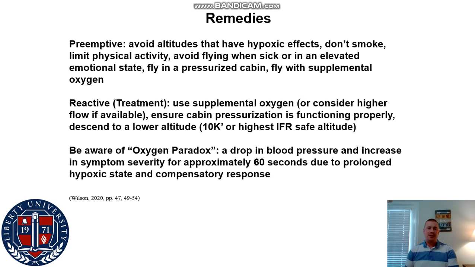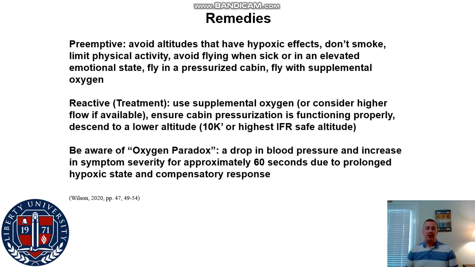Something that I thought was interesting in the textbook was called the oxygen paradox. Something that I hadn't heard of before, but I think it's really neat, is that you'll get a decrease in blood pressure and an increase in symptom severity for approximately 60 seconds going from a hypoxic state to breathing oxygen.